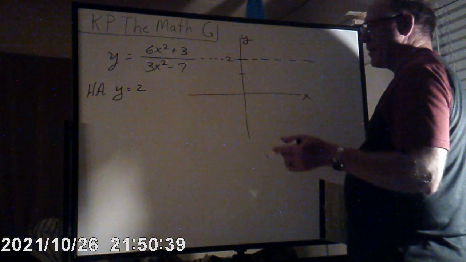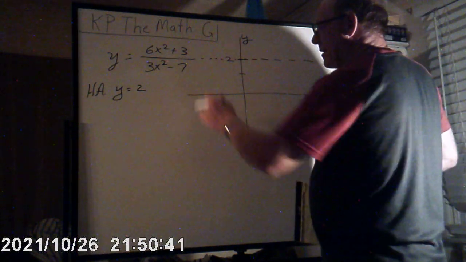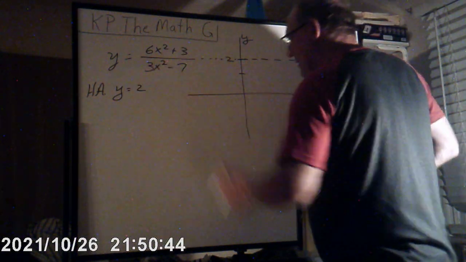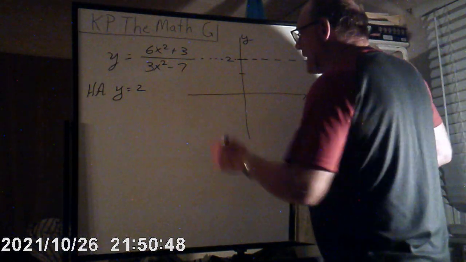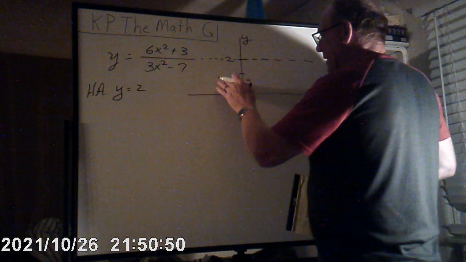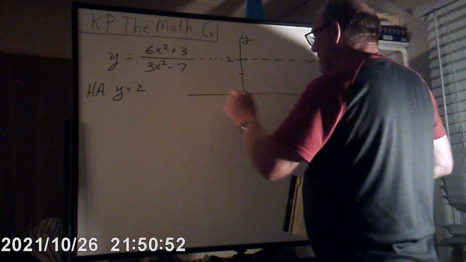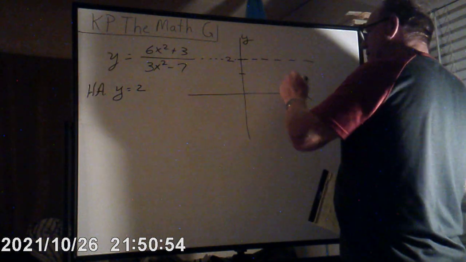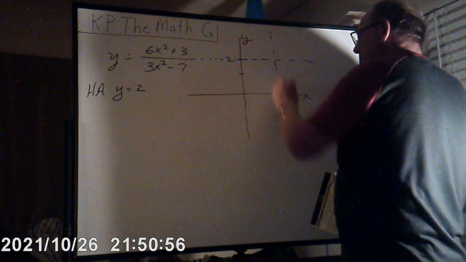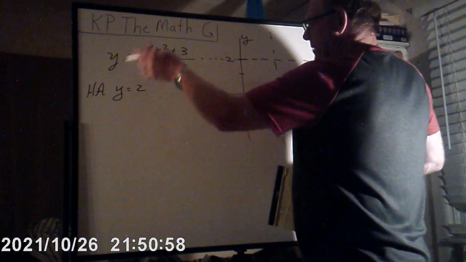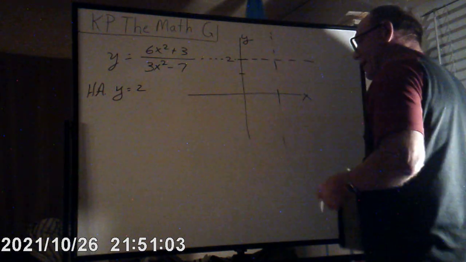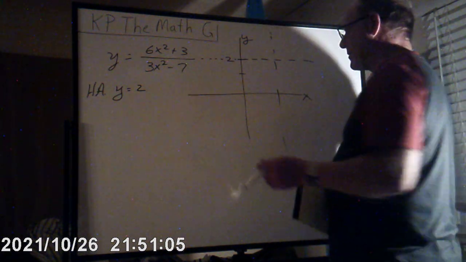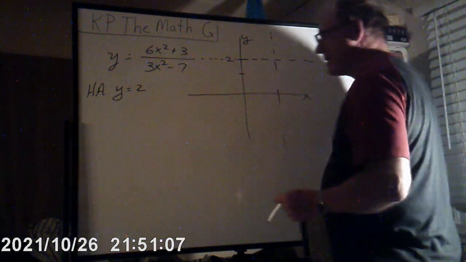And again, I could tell you how to find the vertical asymptote. There is going to be one, but needless to say, wherever it is, it's going to be over here somewhere. Square root of 7 over the square root of 3, which is the square root of 7 over 3, and whatever that is. We're not going to get into all that just yet.